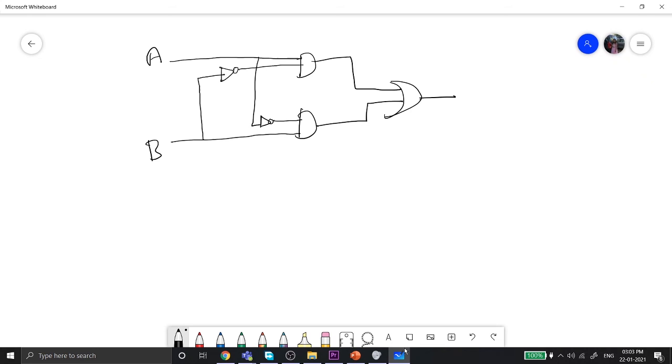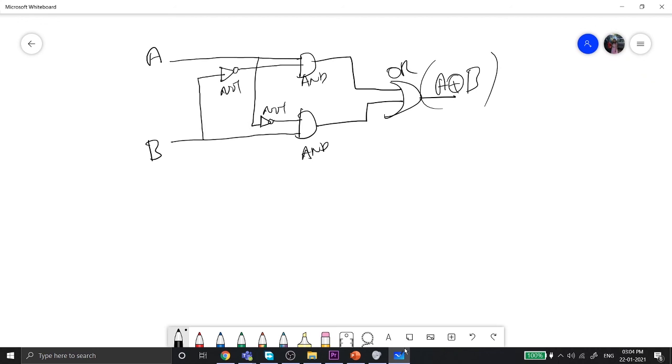So this way I will get A exclusive-OR B over here. So this is AND gate, this is AND gate, this is NOT gate, this is NOT gate, and this is an OR gate.